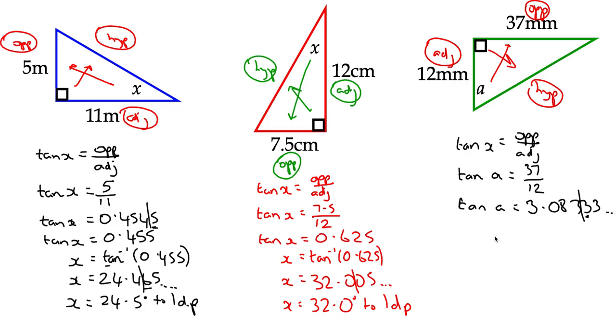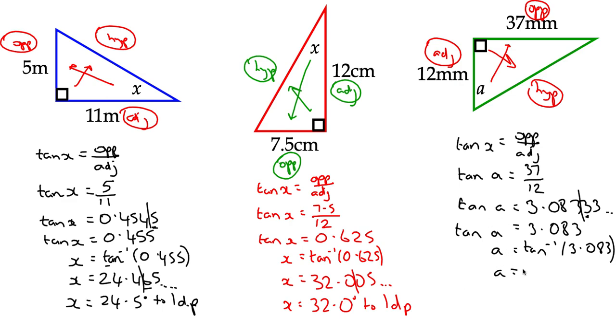That 3 tells me to round down, so I'm actually going to use 3.083 for tan of A. So the angle A itself is inverse tan of 3.083, and that's going to give me shift tan 3.083.